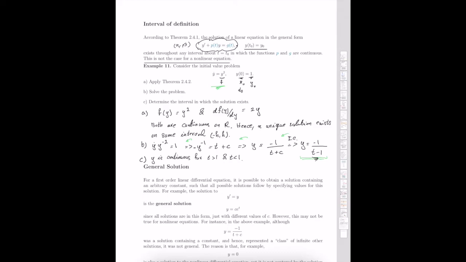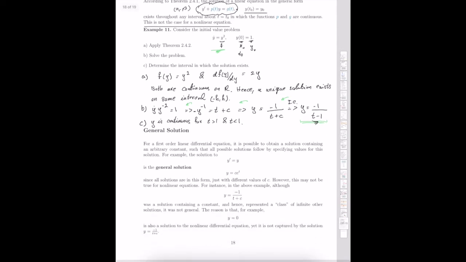But then because of the initial condition, which is t equal to 0, this is the interval of interest. Again, this is because of the initial condition.